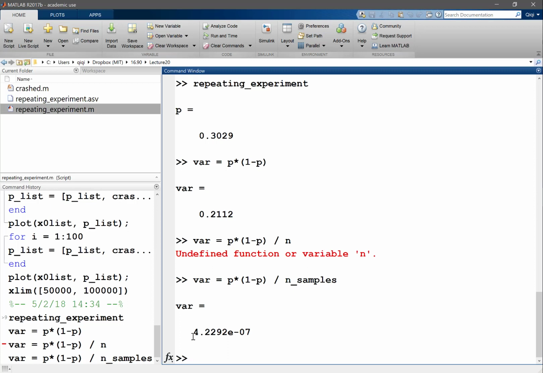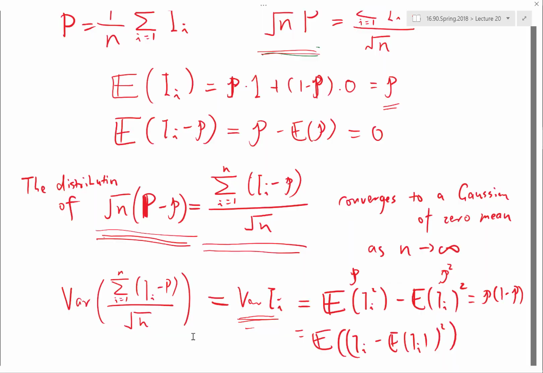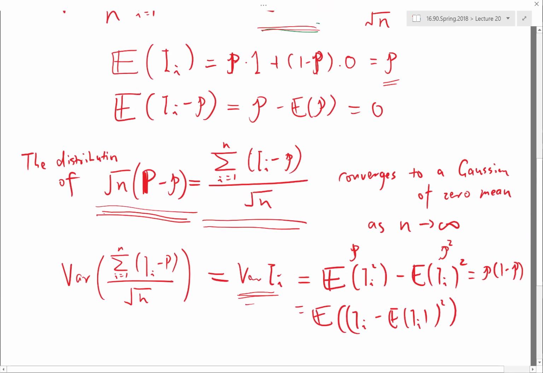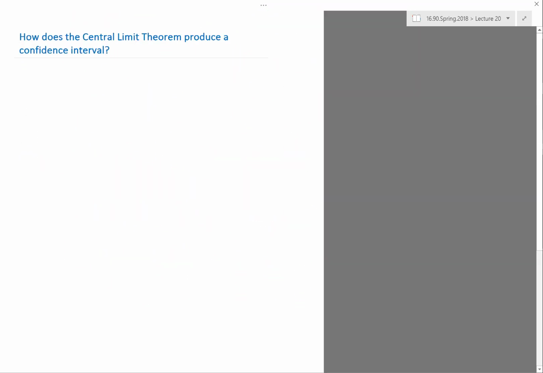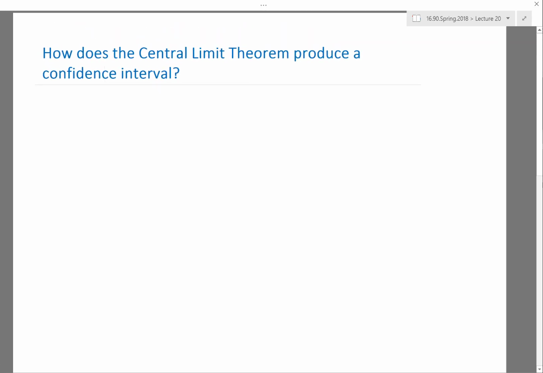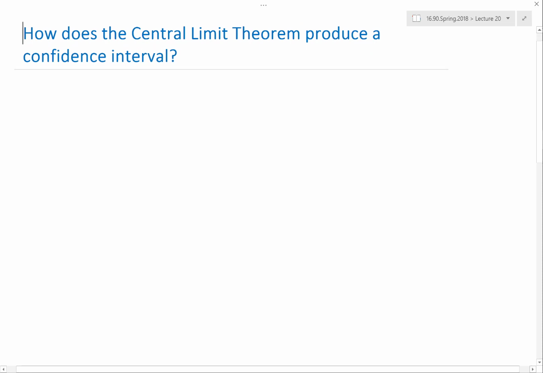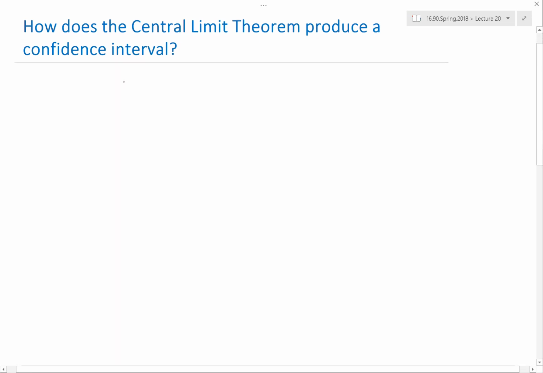But how does the variance tell us the variability in the result? In order for us to quantify the confidence, let's draw all the potential P's we can get. This is probability.